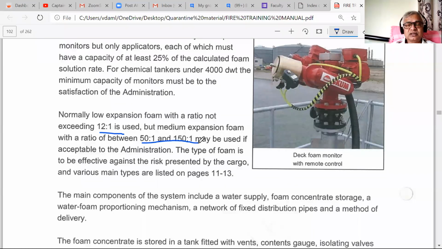There is a lot of research, and foam is also used ashore for fighting fires in factories. And in the end, what one is looking for is the foam should be stable. It should not break because there is heat. Ideally foam particles should be clinging to each other so that even if the heat or anything tries to open it, it should not. So there's a lot of science involved in this.